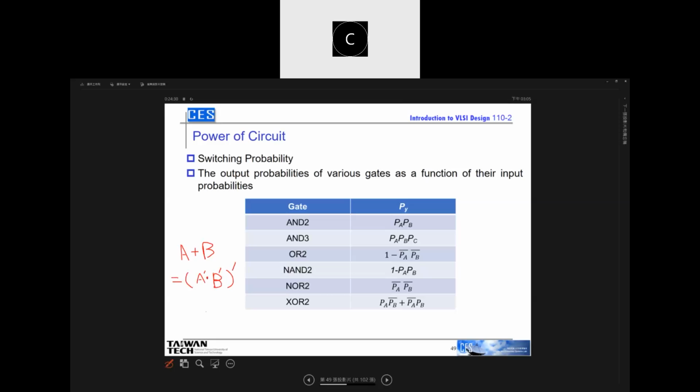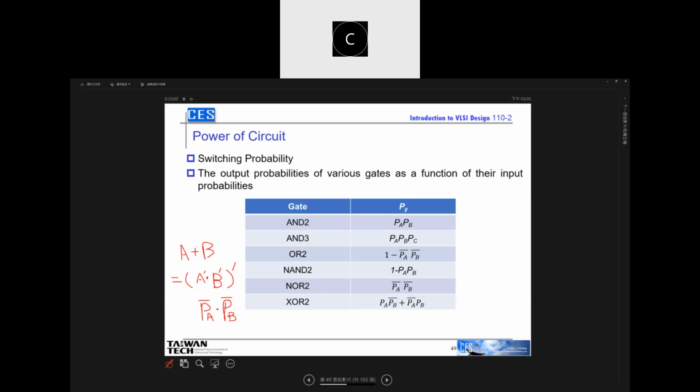So the probability of A prime will be PA bar, because the probability for A being 1 is PA, so the probability for A being 0 will be PA bar. And the probability of B prime will be PB bar, the probability for B being 0.